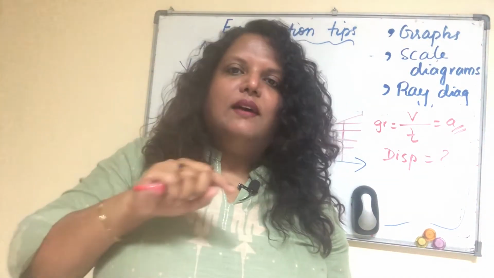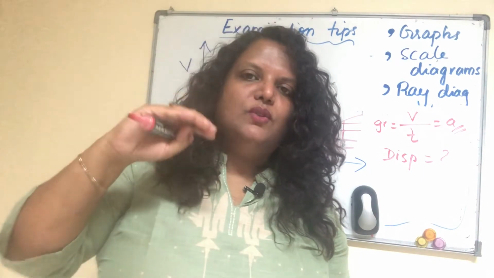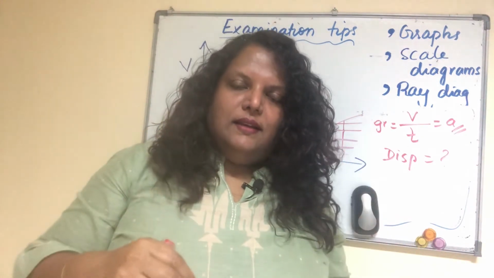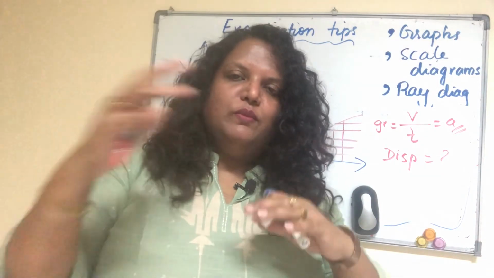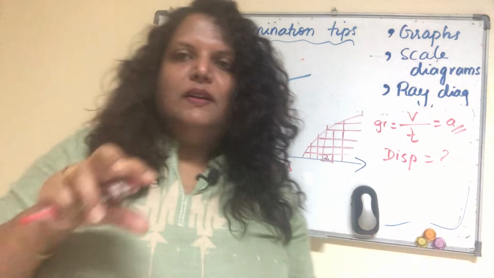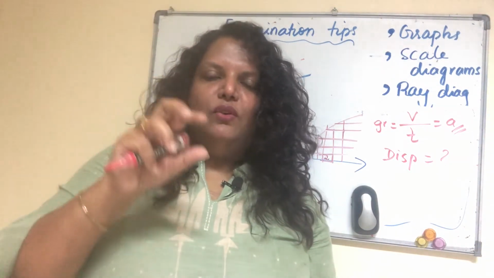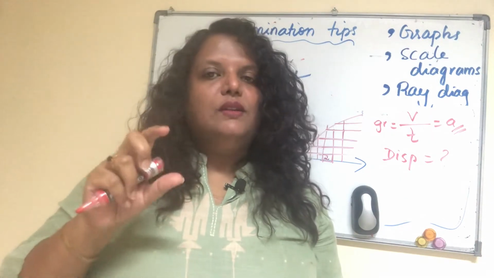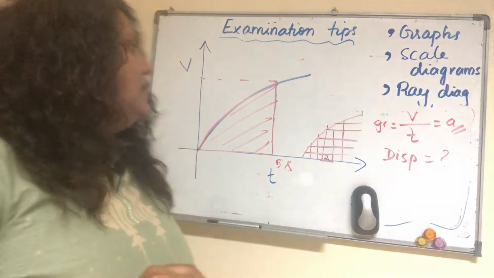If it is less than half, you ignore, right? So equal to or more than half of a square, you count that as 1. Less than half of a square, you ignore it. So both will compensate for each other. So you will get a rough estimation of the distance that is covered. As I said, this is not accurate. It is only very close to the accurate value.